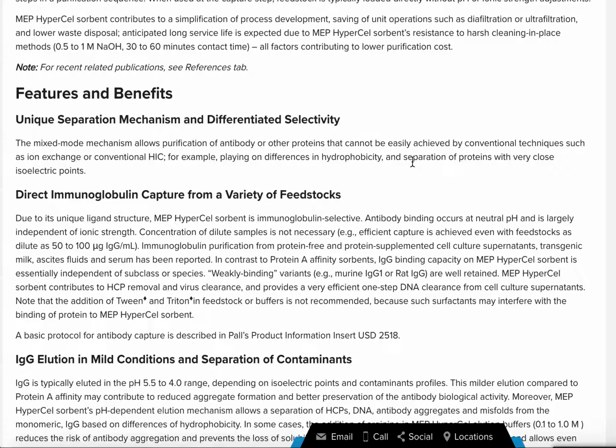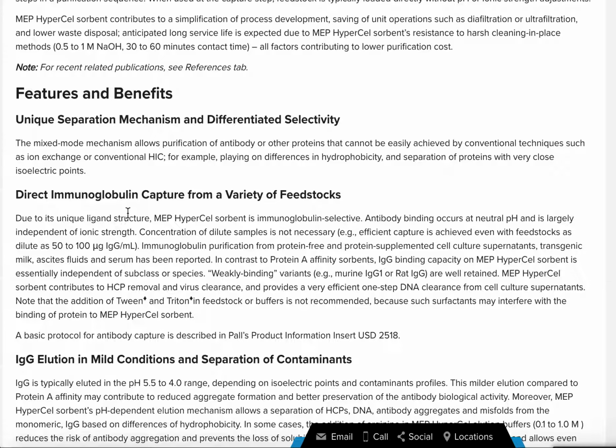So remember, if the isoelectric points are very close between separation, then hydrophobic interaction becomes the choice of chromatography, you can say.